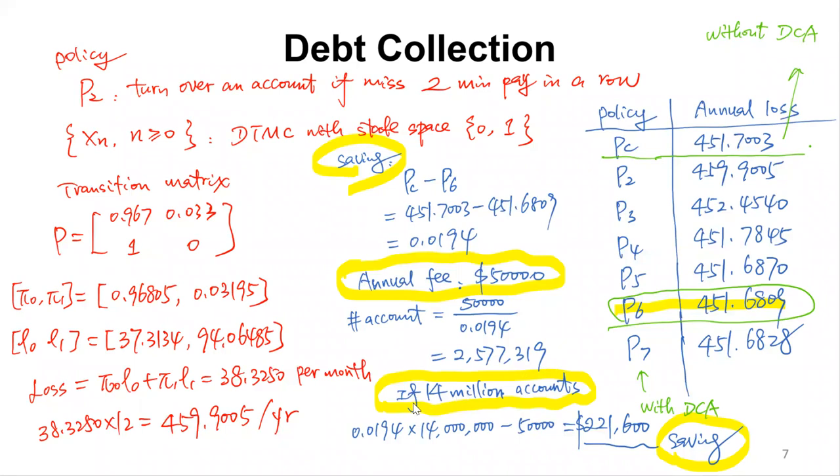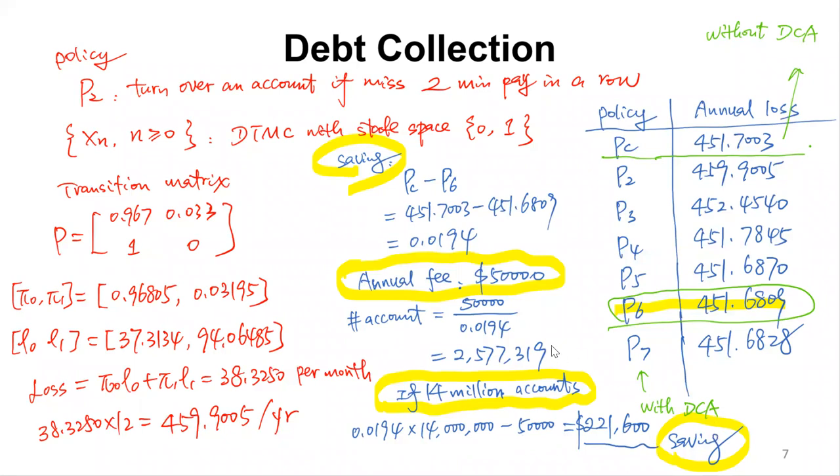But if we have 14 million accounts, then the saving, minus 50,000, will be 221,600 per year.